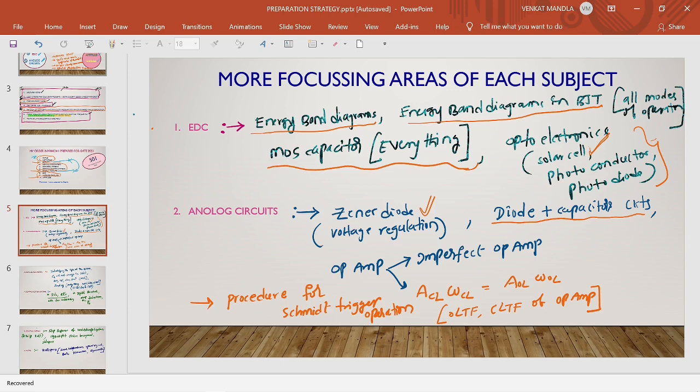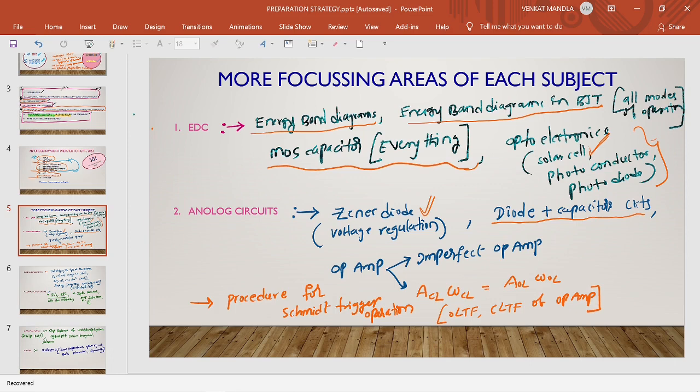The remaining circuits you can easily analyze. If diodes and resistors are there, you can easily analyze. But if capacitors and diodes are there, then you feel a little difficult. So we keep revising these things, diode and capacitor circuits.